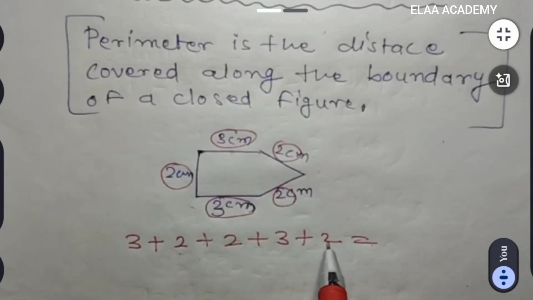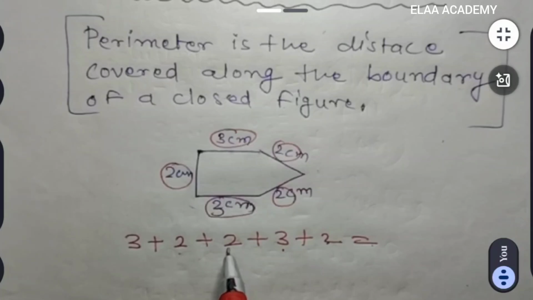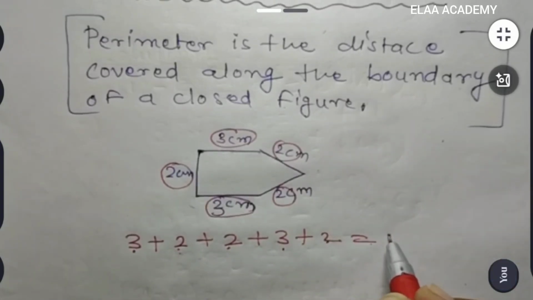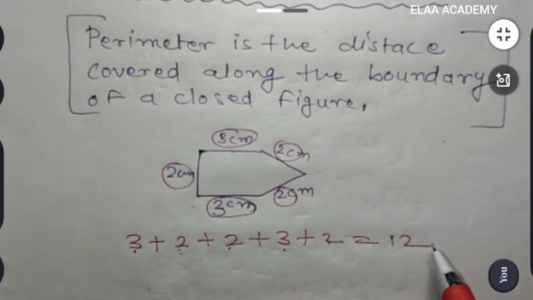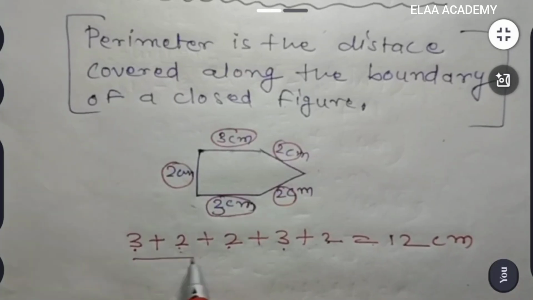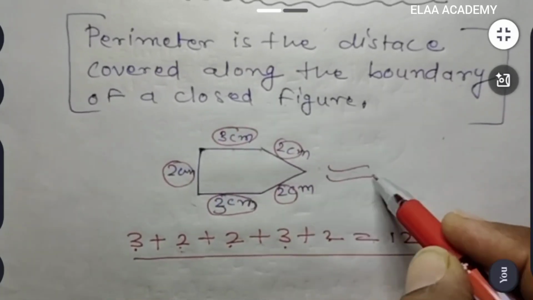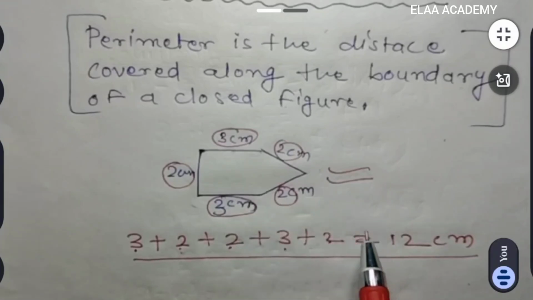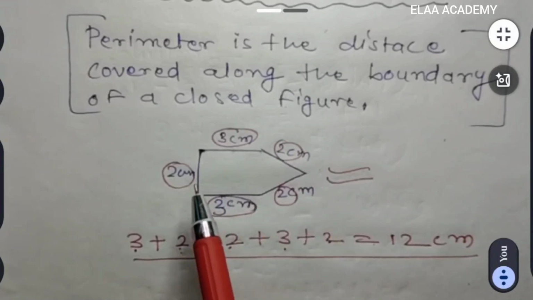We will add all the distances, then we will get the perimeter. So what will be the sum? 2 plus 3 is 5, 5 plus 2 is 7, 7 plus 2 is 9, 9 plus 3 is 12. Okay, so 12 centimeter will be the perimeter of this diagram.